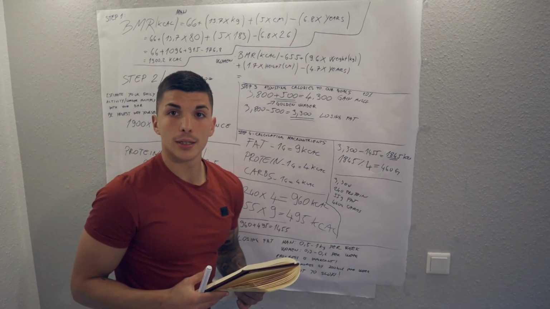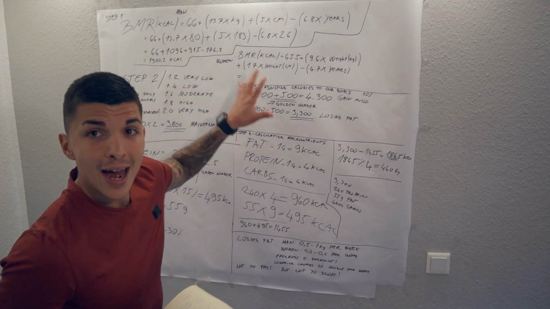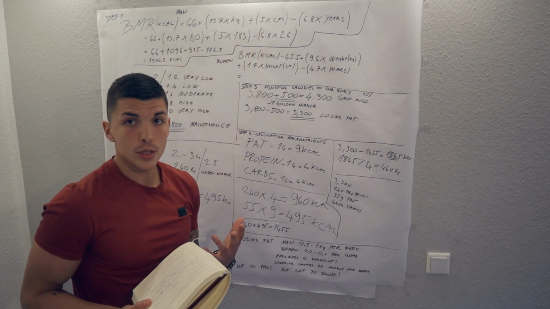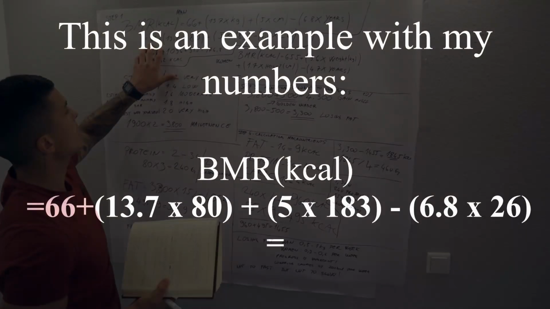And that's gonna be the whole formula for the man. And now we are putting our numbers inside. So I put my numbers inside, of course, and I will show you with my numbers, but you put your own inside. So it goes like this.